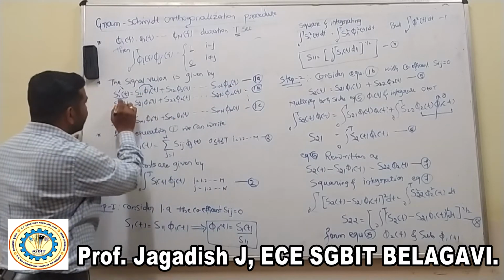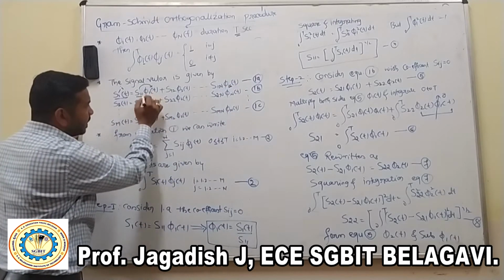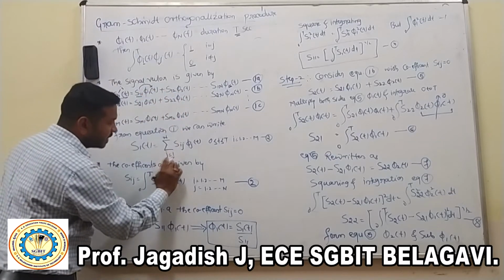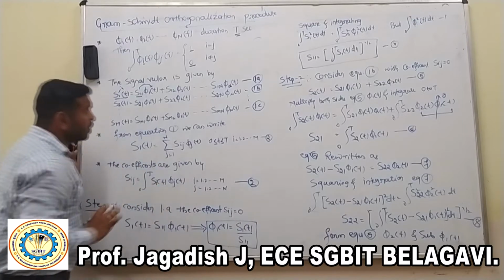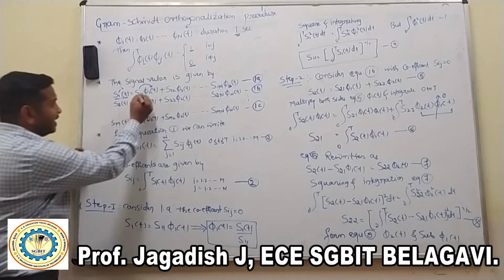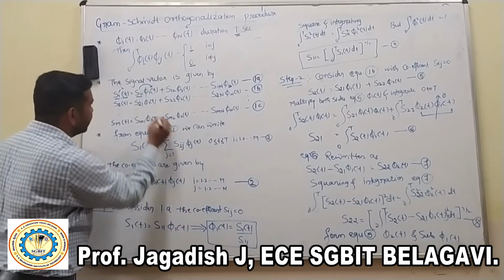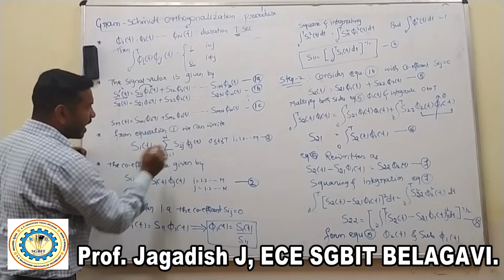So whatever the orthonormal basis functions pi 1 and pi 2 are, this is the j term, so j equals 1. After that S11: i represents 1 and j represents 1, so it means Sij.